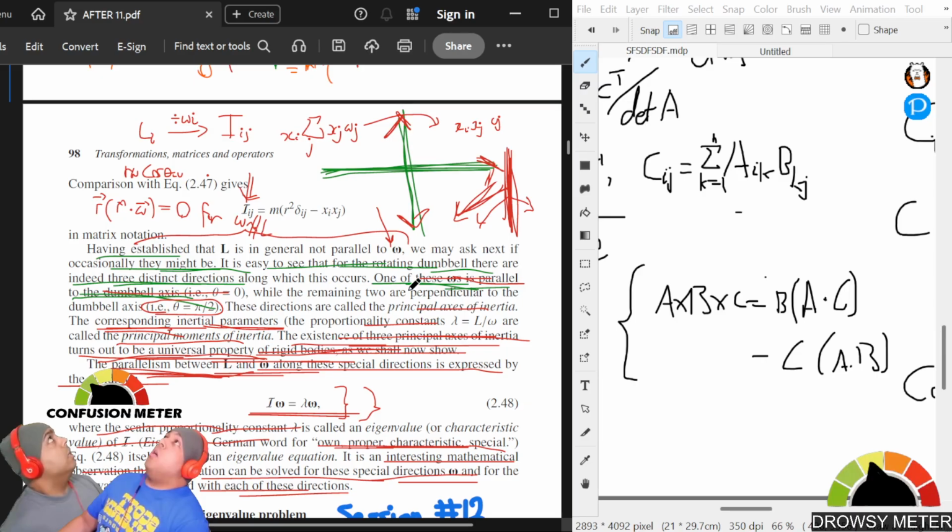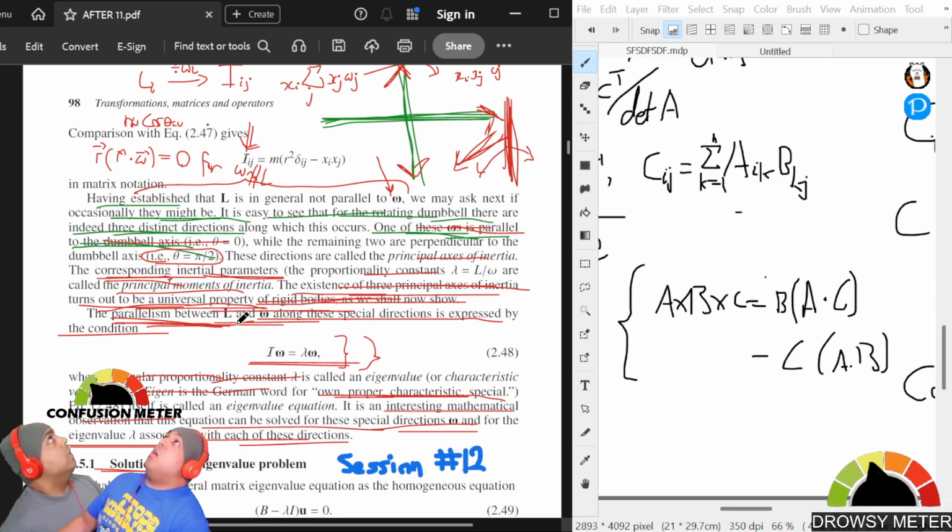These are actually called the principal axes of inertia. The corresponding inertial parameters L and omega are called. The existence of three principal axes of inertia turns out to be a universal property of rigid bodies. The parallelism between L and omega is expressed by this.